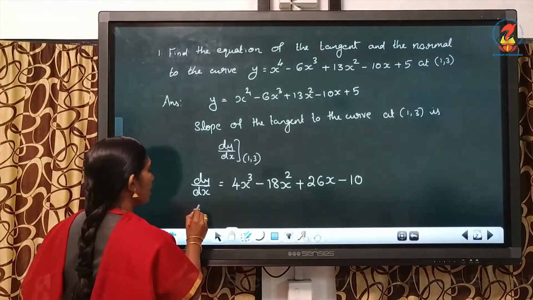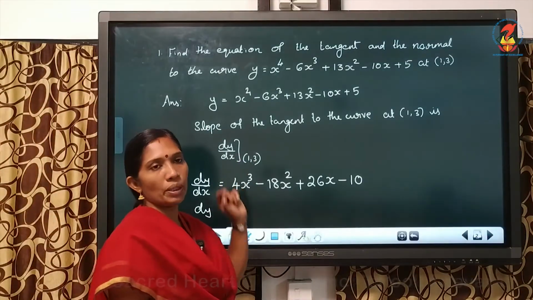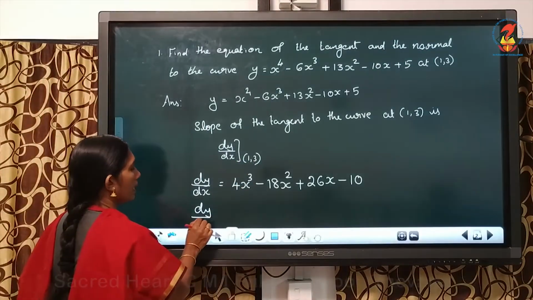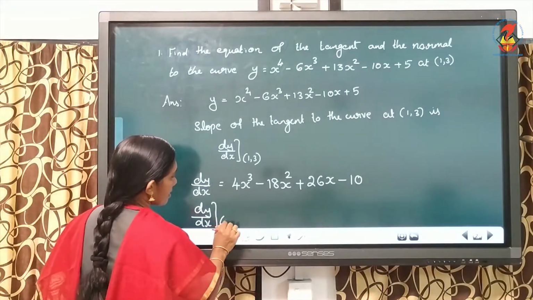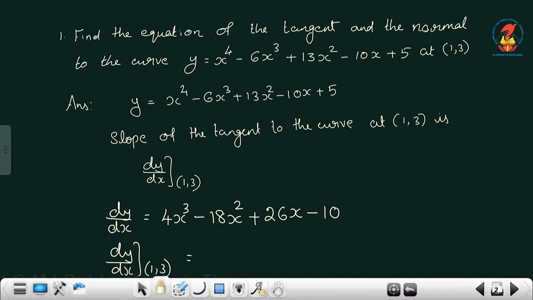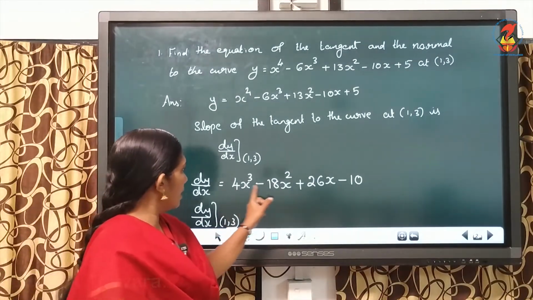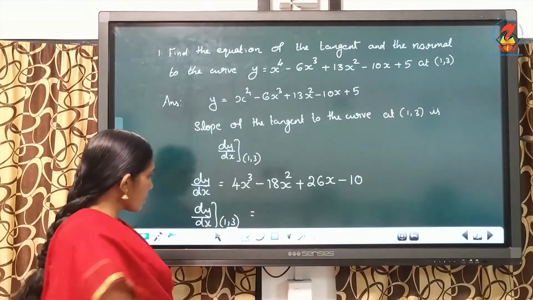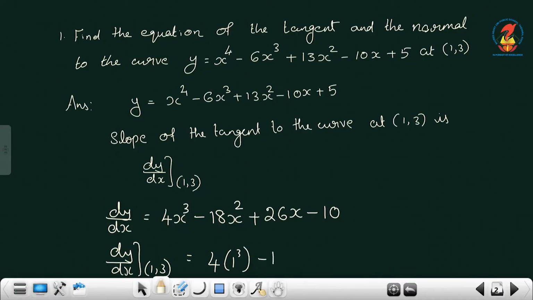Now, this is not the slope. Slope means we have to substitute the point. So dy/dx, look at the notation, put a bracket like this, at (1, 3). That is equal to, substituting x as 1 and y as 3, but here only x appears, so substitute 1. So 4 into 1 cube minus 18 into 1 square plus 26 into 1 minus 10.